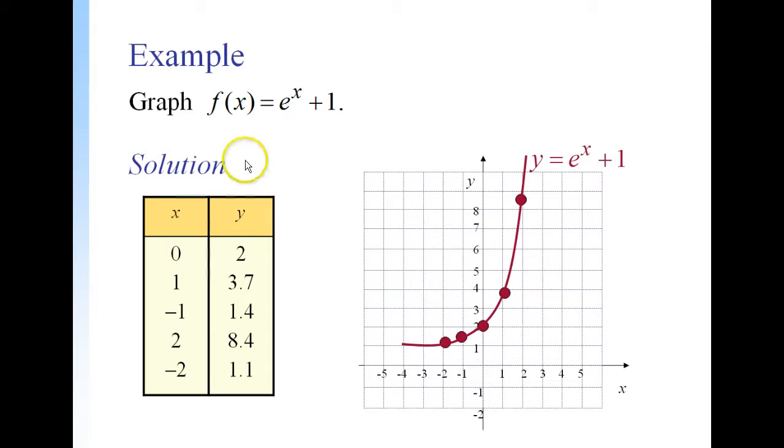Raise it to the 0 power, and anything to the 0 power is going to be 1. So 1 plus 1 is 2. So there's our first point. And then we graph these others, and we get this. And again, take time, make a little sketch of it using this formula up here.